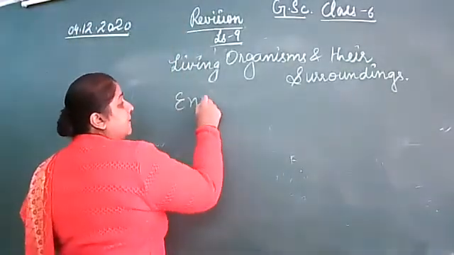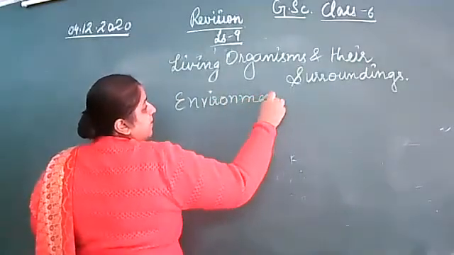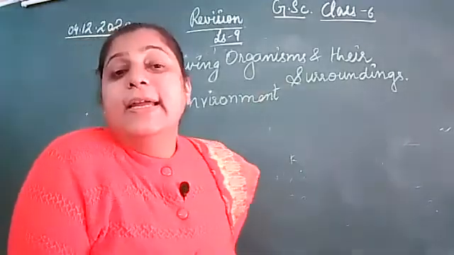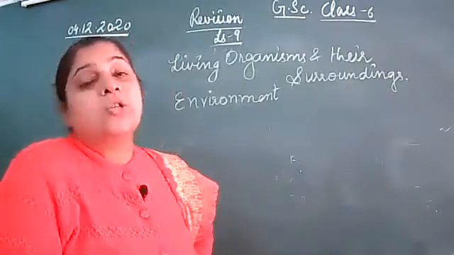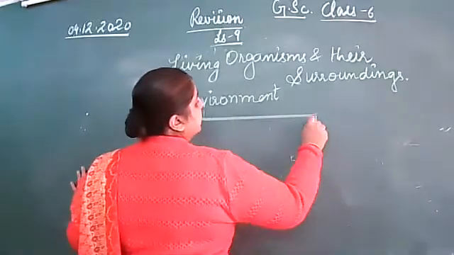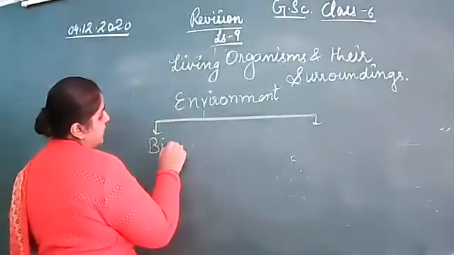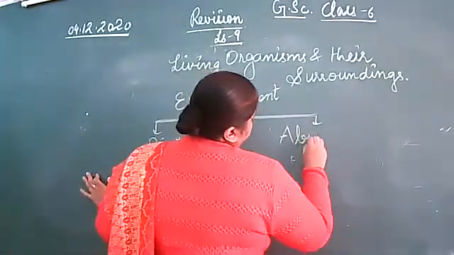Means all the things that surround us are the environment. So our environment mainly has two components. One component is the biotic component and the other is the abiotic component.